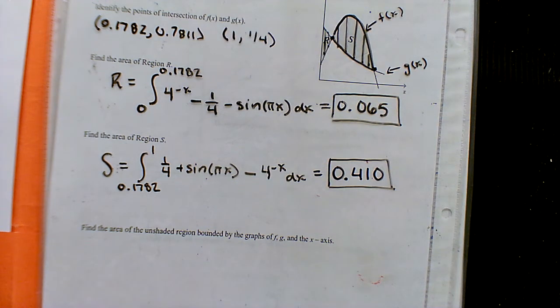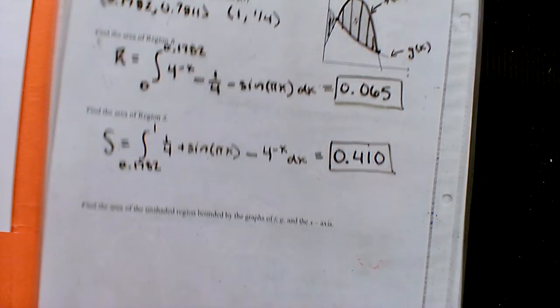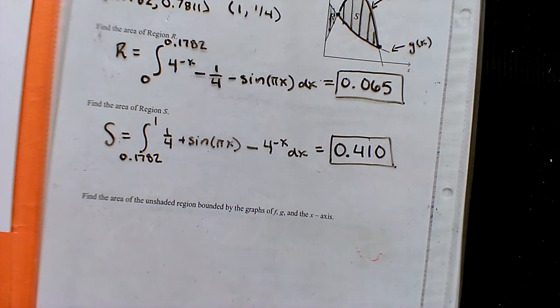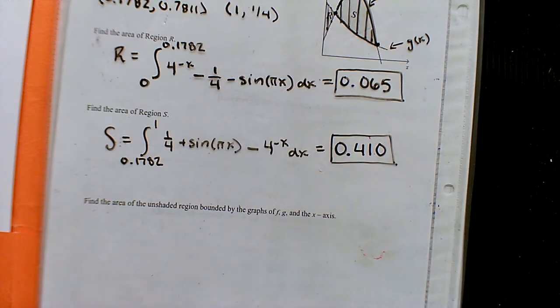Point 41. Good. All right, are we starting to feel comfortable with these? It's all about finding the bounds, sometimes those intersection points, and then the top function and the bottom function.